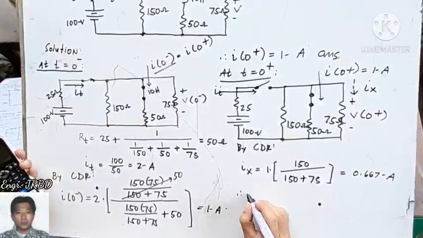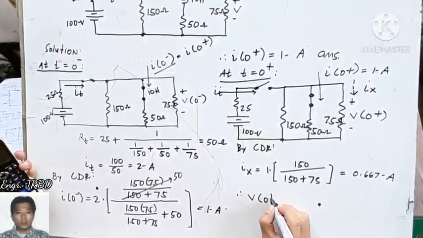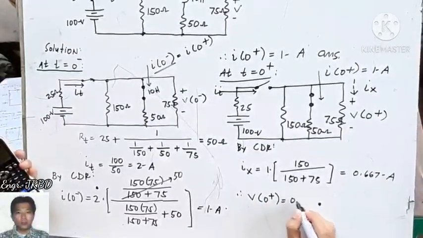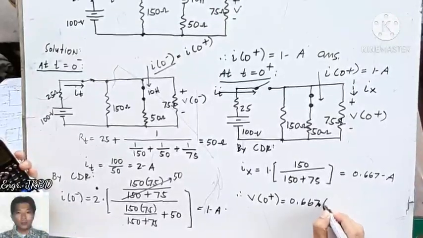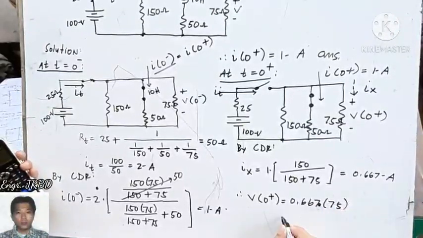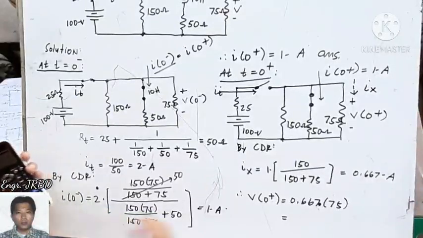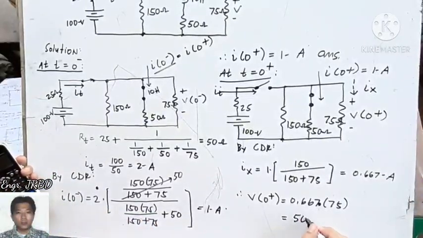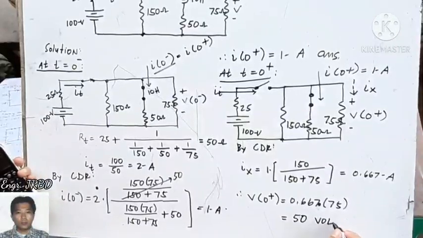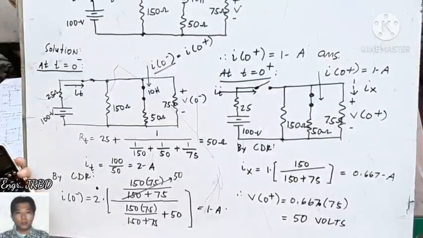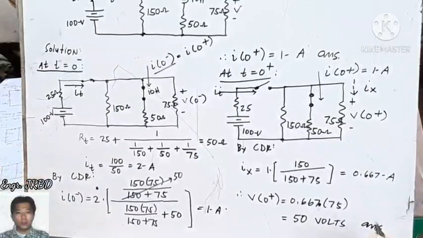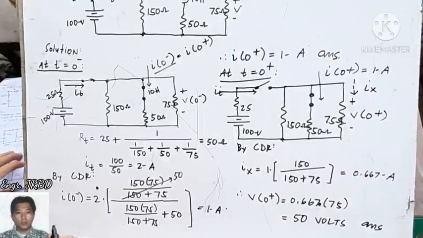So therefore, your V at time t = 0 positive is 0.667 times 75, that is 50 volts. This is now the value of V just after the switch is open: 50 volts.